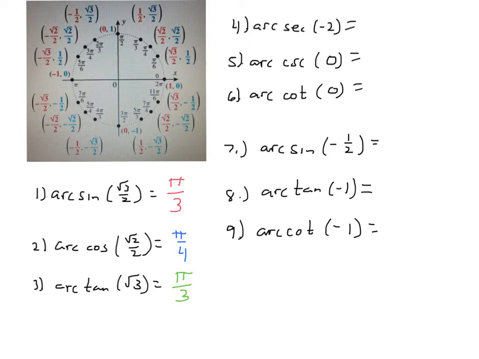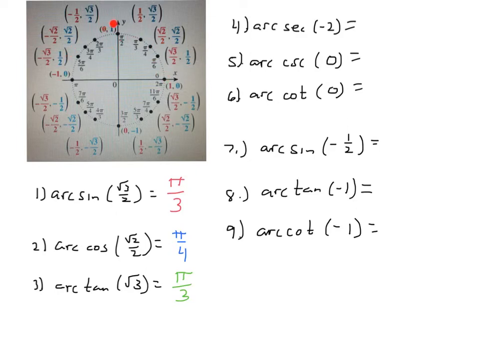Now, number 4, the arc secant of negative 2. Well, because I'm looking at the arc secant, I know the secant is the reciprocal of cosine. And so that means that the arc secant of negative 2 here is going to be the same as the inverse cosine of negative 1/2. Remember on the unit circle with the inverse secant, we are going to be looking at the top part.